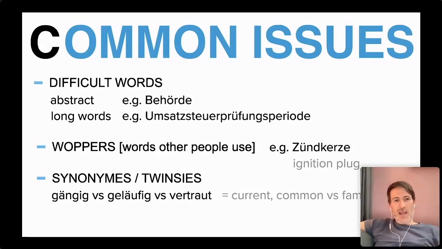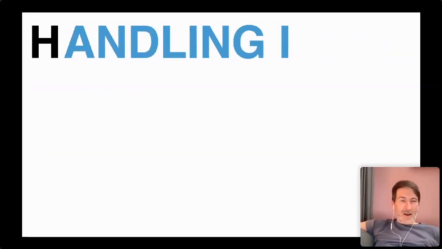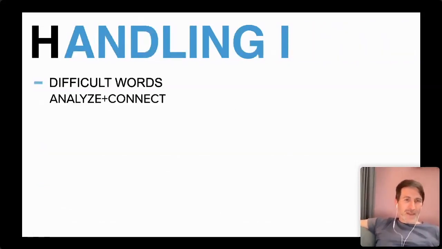Same with the English words. And twinsies are words that are very similar, like wechseln and ändern, which are exchange and alter. These things are very similar and cause trouble, because similarity is very difficult for you to keep apart, especially in the beginning.